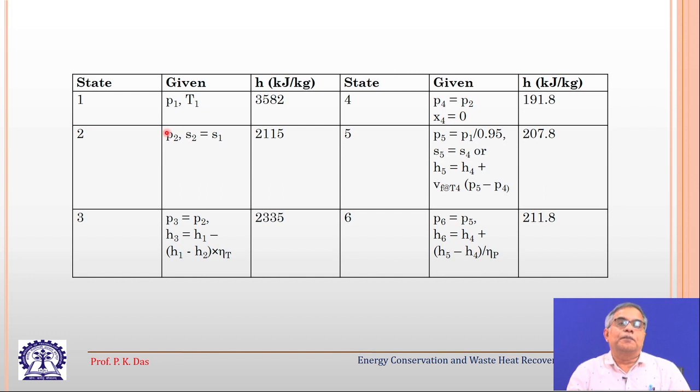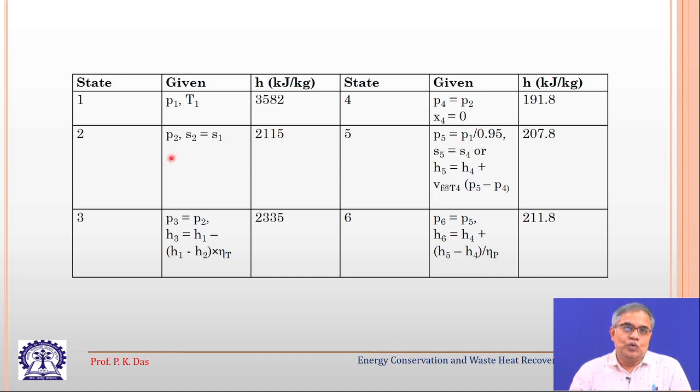So, for state 1, pressure and temperature at state 1 are known. So, from there we can calculate the enthalpy, that is 3582 kilojoule per kg. So, this is basically your h1.